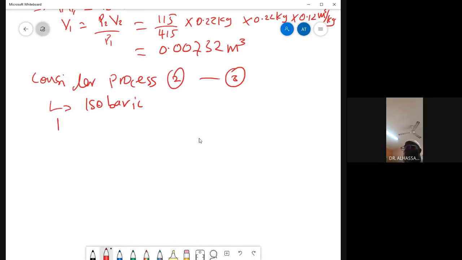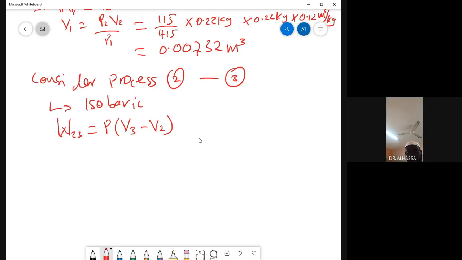So we have W23, the boundary work, which gives me pressure times the final volume V3 minus the initial volume, which is V2. Now we want to find V3. V2 is known already.